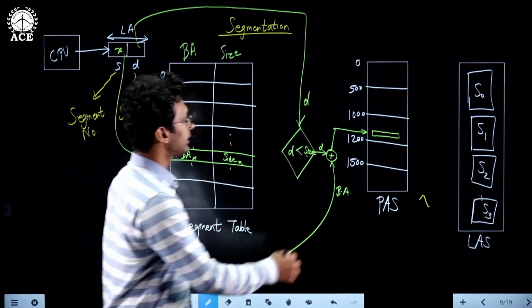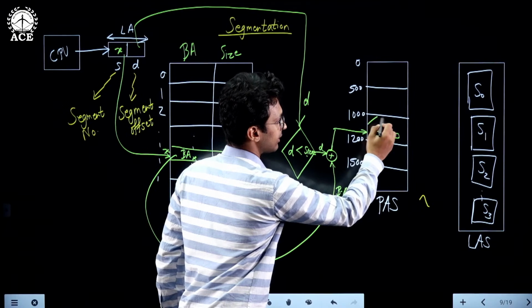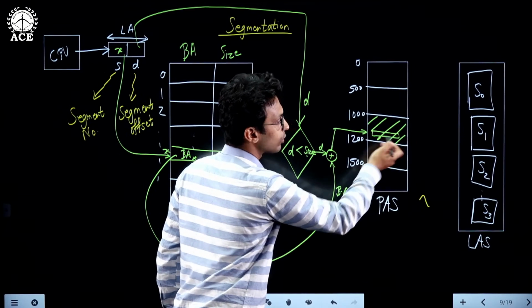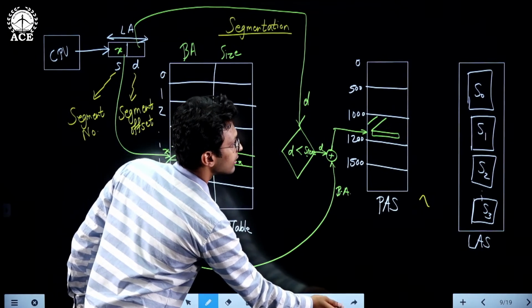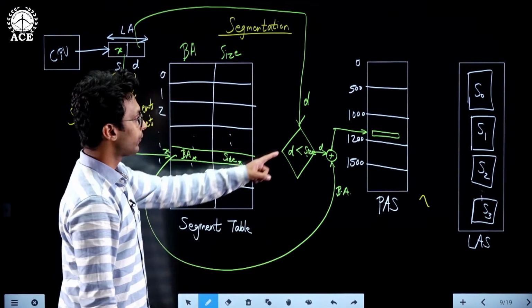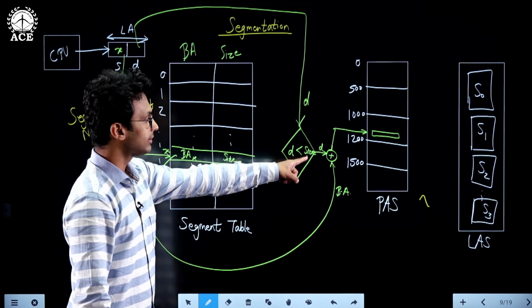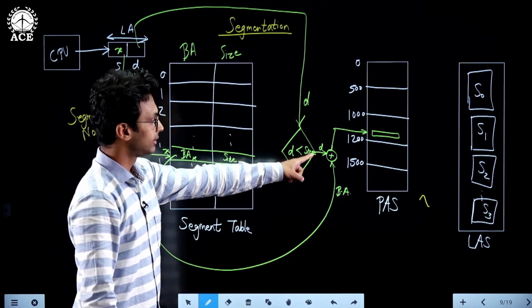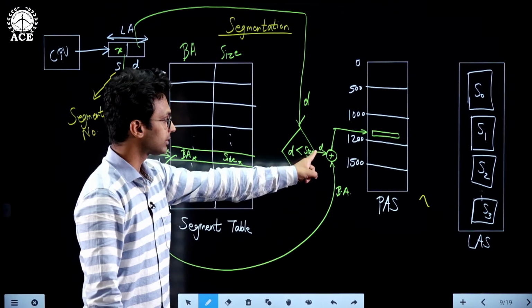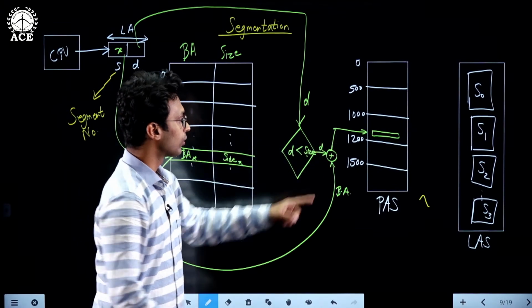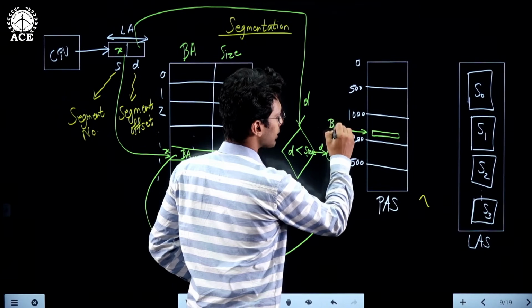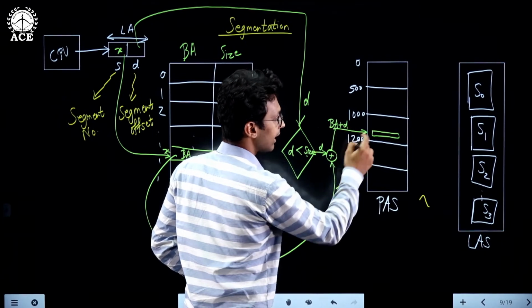Let's say this indicates segment X is stored here. We'll go to that particular segment offset and access it. If D is less than the size of the segment or length, then we perform base address plus that offset, go to that particular location, base address plus D, and access it.